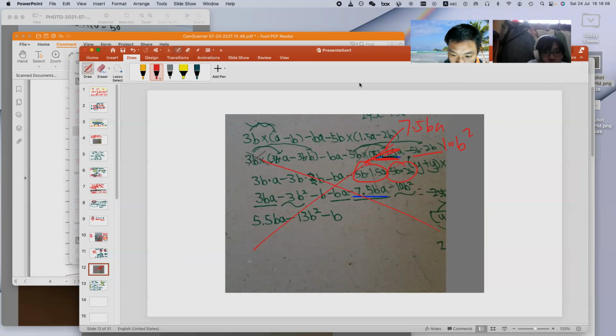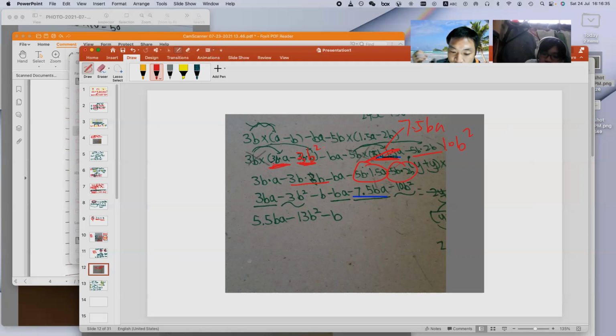Same thing here. Shermain, before you start, can you see here? Can you see or not? This one. Why you want to keep writing 3bb? You can already simplify this into 3b squared. Why you want to continue writing so many things?